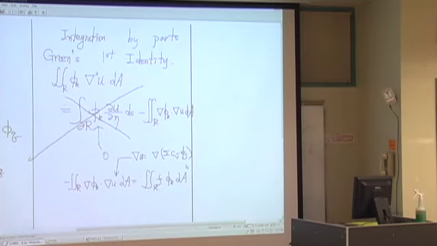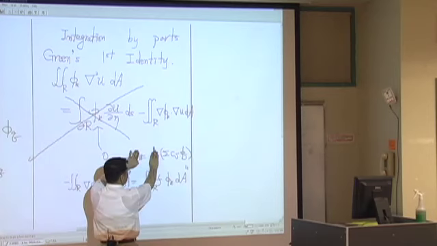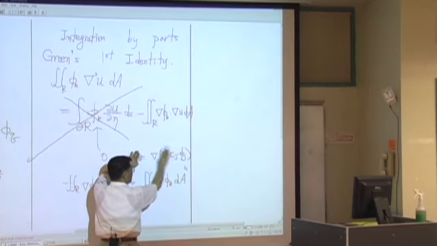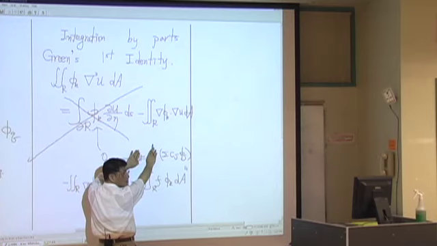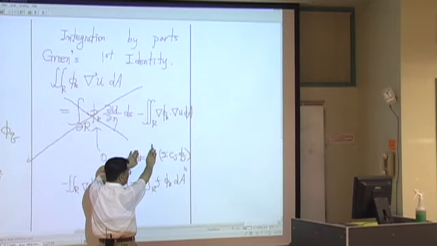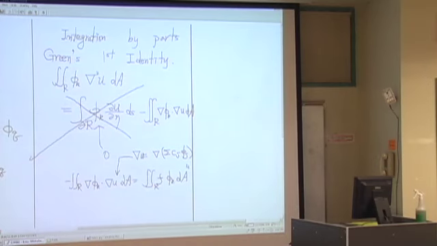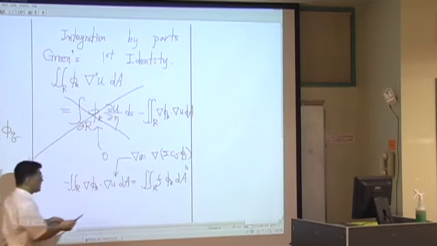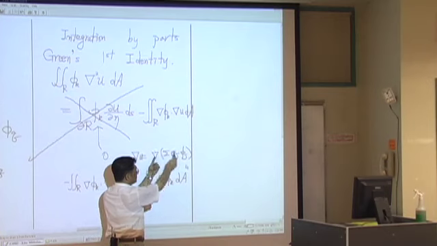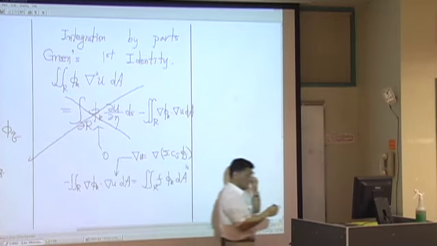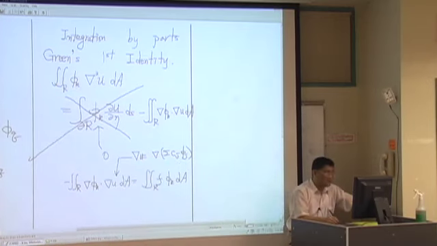Why? Because u is the linear combination of basis functions, right? And now u is replaced by these things. And eventually, this goes in, right? This goes in. So eventually, this will go in.